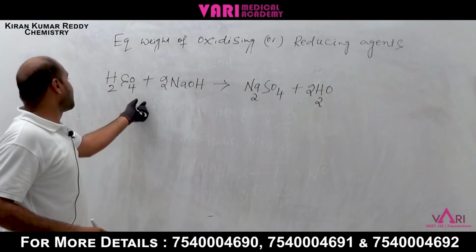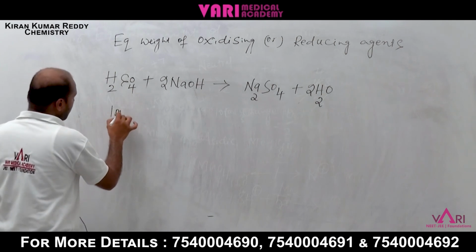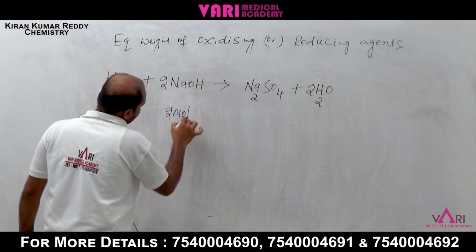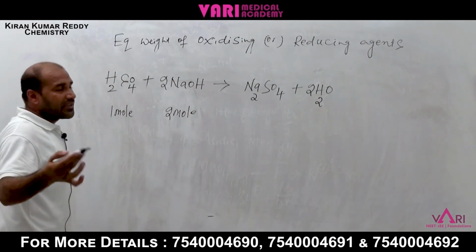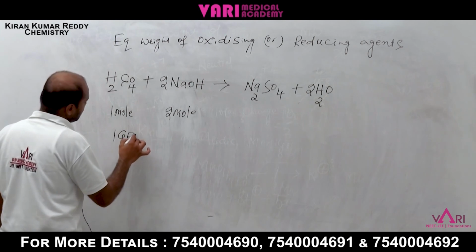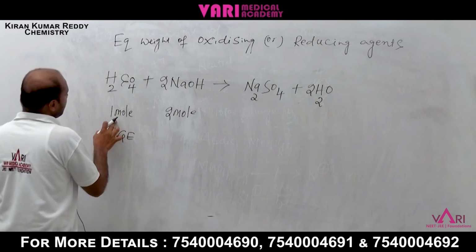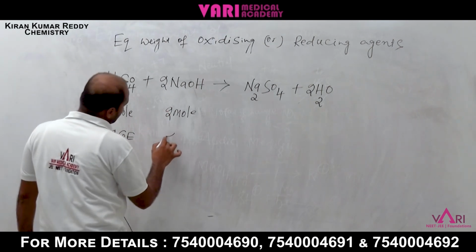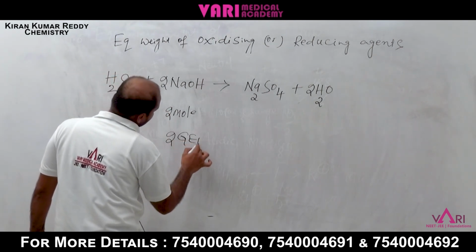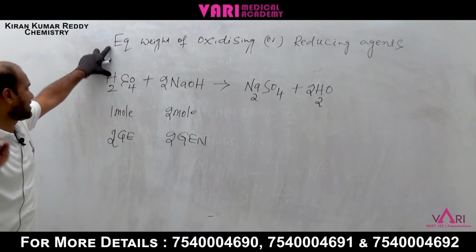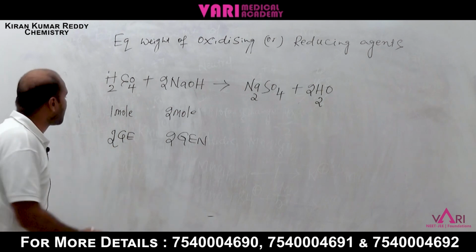In the substances, this is 1 mole and here 2 moles react. But what are the gram equivalents? Here 1 mole has 2 gram equivalents, and here also 2 gram equivalents react. Any substances always react with the same gram equivalents.